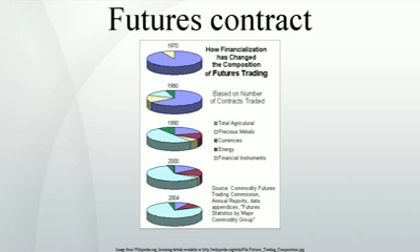Third character, month, futures contract codes are: January equals F, February equals G, March equals H, April equals J, May equals K, June equals M, July equals N, August equals Q, September equals U, October equals V, November equals X, December equals Z. Example, CLX14 is a crude oil, CL, November, X, 2014, 14, contract.